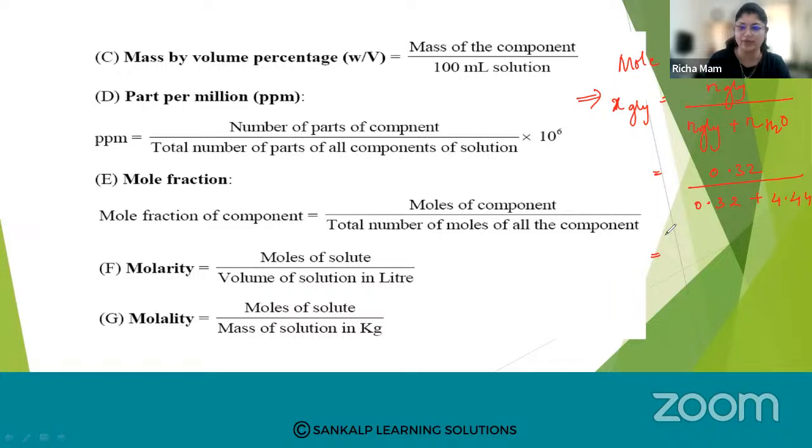Use a simple calculator. So 0.32, you keep like this first, and then 0.32 plus 4.44 comes to 4.76. Then what you have to do is 0.32 divided by 4.76. Then it will come as 0.0672.